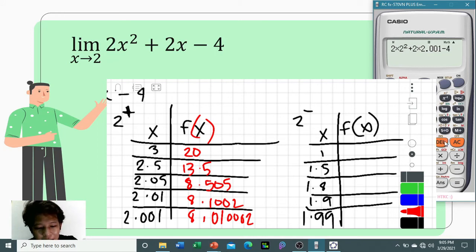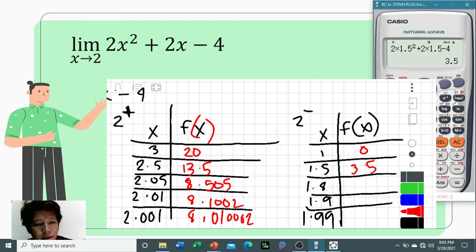So we have here 1. And then we would also have here 1. Okay, so the function value, if the value of x is 1, that would be 0. Okay, and then if we have 1.5, so we have here 1.5. So we have 3.5.